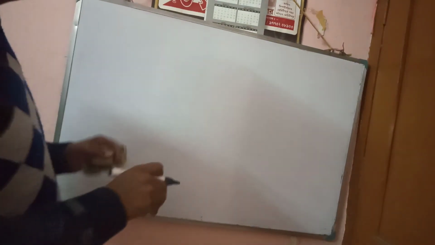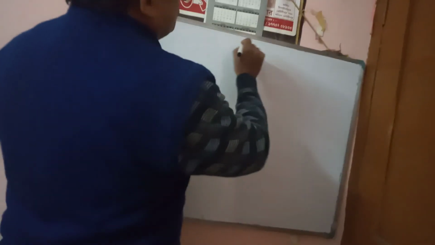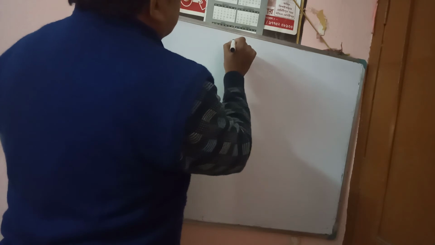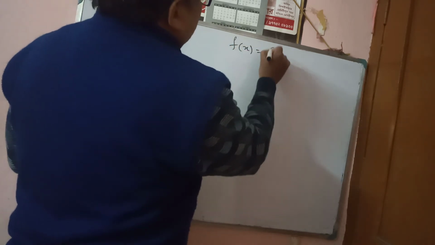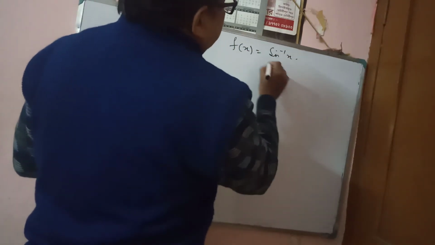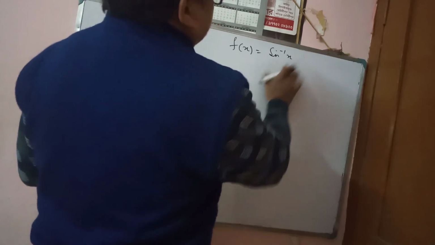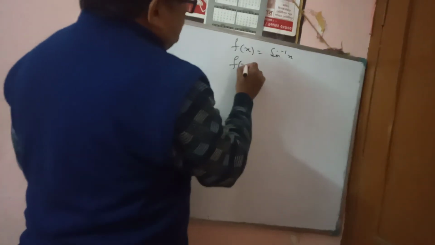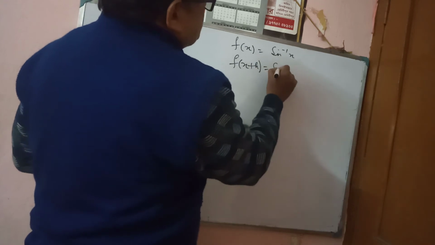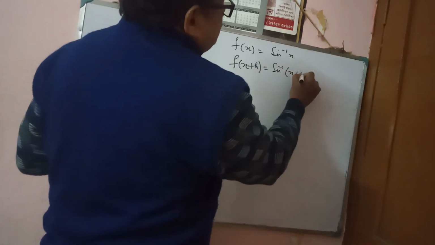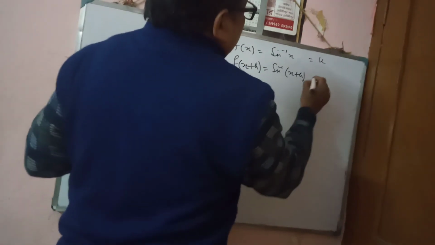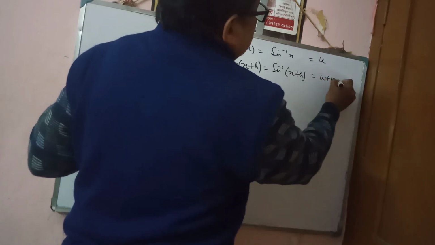Suppose, look here, f(x) equals sin inverse x. Suppose I write f(x plus h) as sin inverse (x plus h). Suppose this is u, so this part will be u plus k.